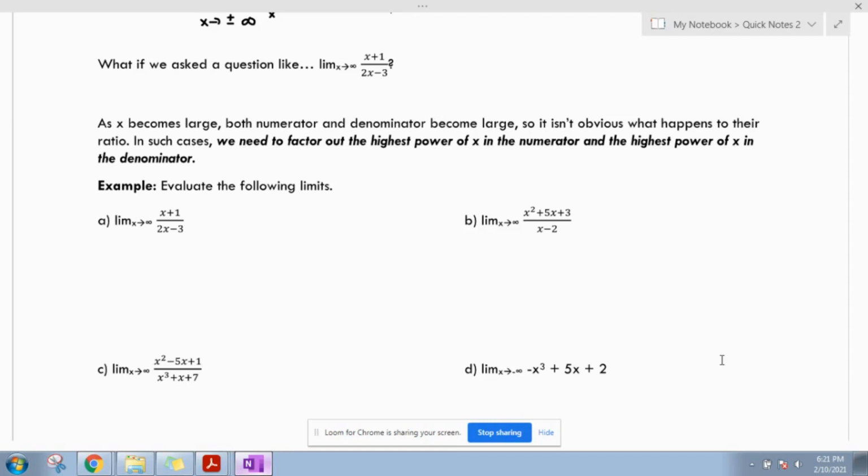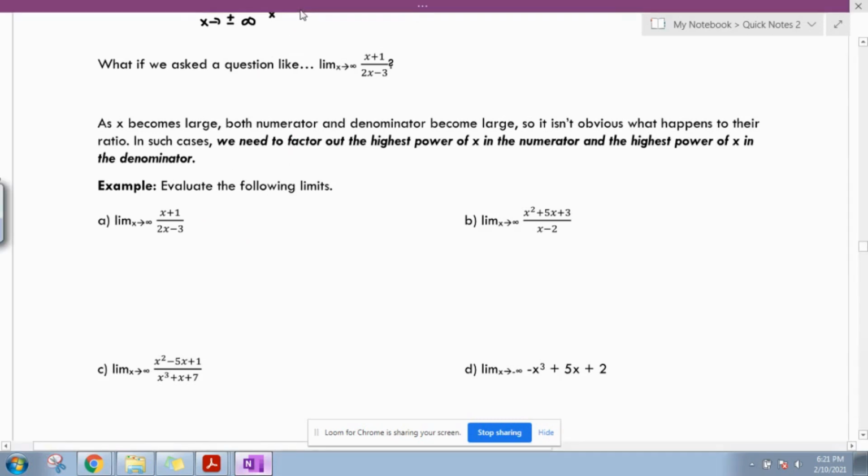So for question A, I have the limit as x approaches infinity for (x plus 1) over (2x minus 3). Right off the bat, we're going to take a look at the numerator and the denominator. And I want you to figure out what the highest power of x in my numerator is and what the highest power of x in my denominator is.